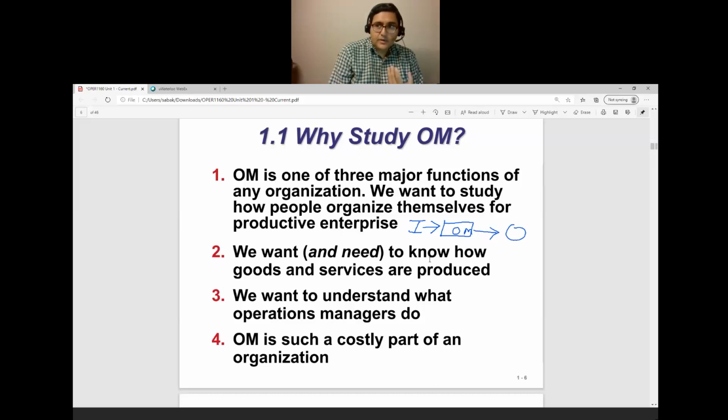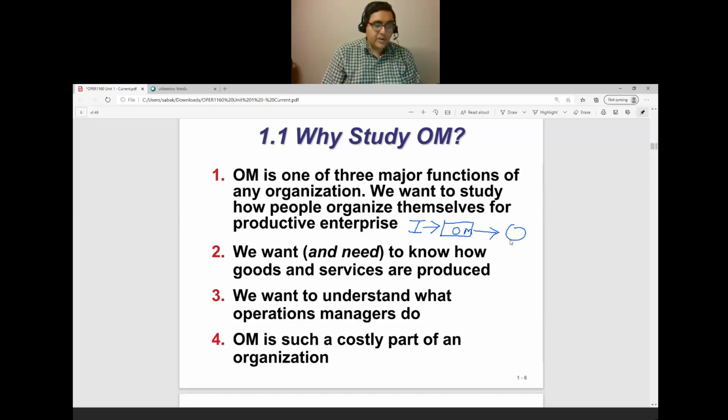The third thing is there is a reason. In our lecture, I will try to explain how much operations managers typically make as salary. So there is a reason for us to know what it is that the operations managers do in their day-to-day working. And as you can see here, if my process of converting inputs to outputs is not efficient, it is going to create lots of costs to an organization.